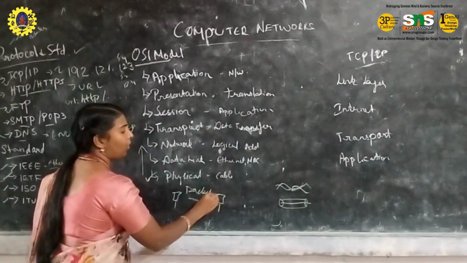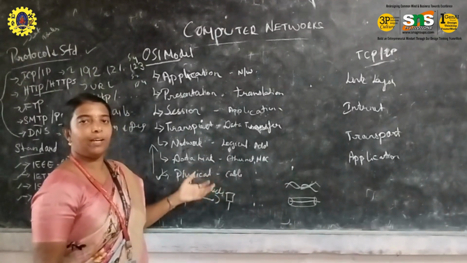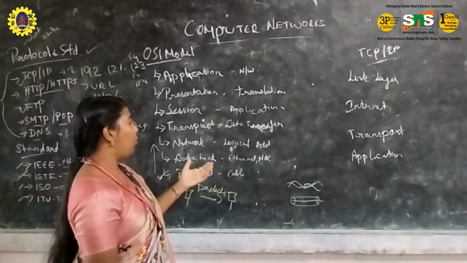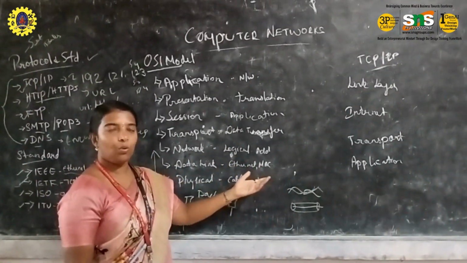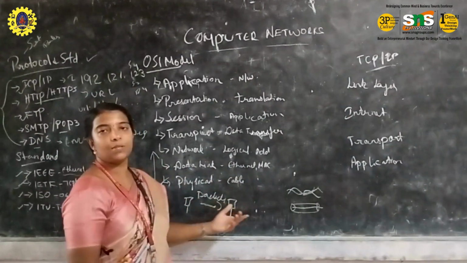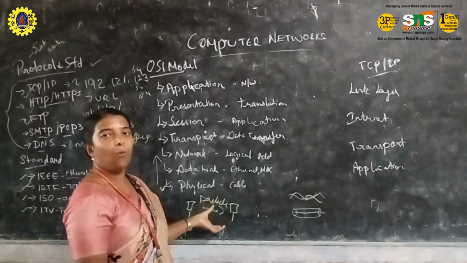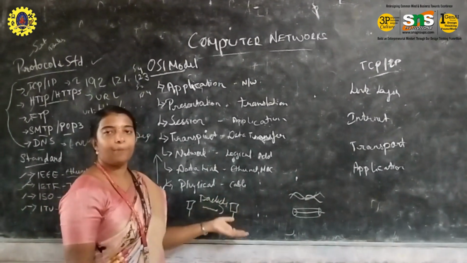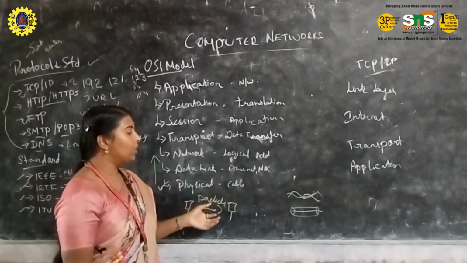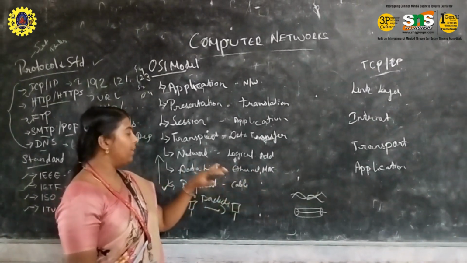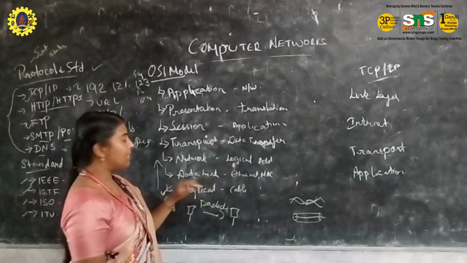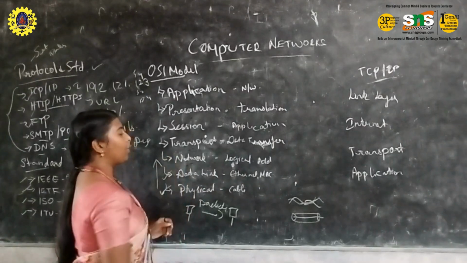This is an important topic, where our communication mainly starts, and how the communication passes through IP addresses from one system to another, how it waits for a response, how it receives the acknowledgement, and how the messages are transferred from one system to another. This data link layer plays an important role.